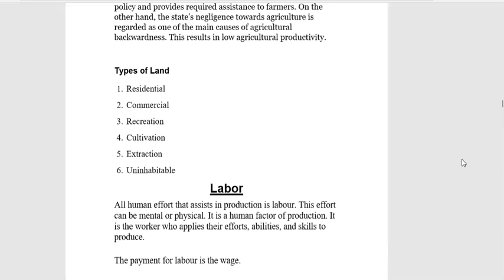And for production in a factory, we have to construct a factory, which gives employment to the people, and economic growth comes from there. This is the first factor of production, and that is the primary factor of production.